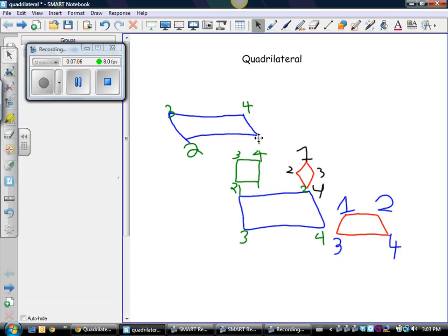Okay. What else is different about all of them? Amira? They all have like, they have. Okay, but what's different about them? Like, are they all the same color here?